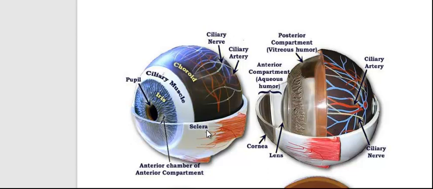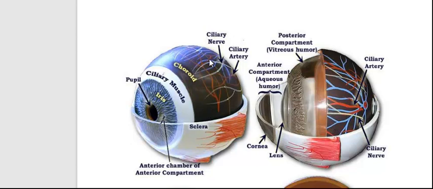If you crack an egg, you've got the hard outer covering, and then just inside of the egg, you've got that membrane that you have to tear in order to get into the egg white and the egg yolk. So you have this choroid layer that is right there under the sclera, and it provides nutrients and removes waste. So it's kind of taking care of everybody.